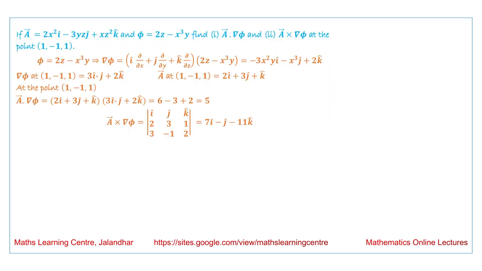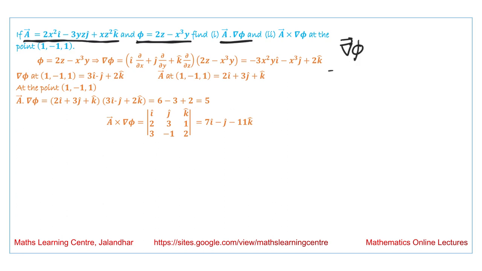Next we have certain problems based upon these results that we have discussed. First is, if A vector is equal to this, and the value of phi is given to be this, we have to calculate A vector dot gradient of phi. First of all, we calculate the gradient of phi.